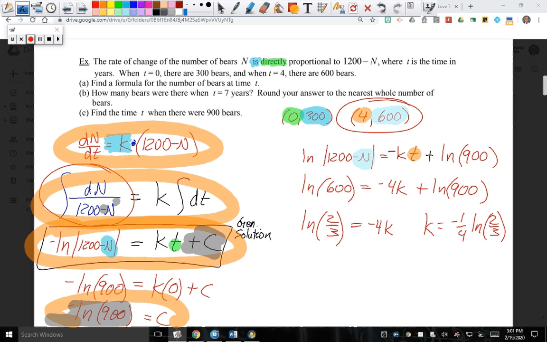Easy, right? So now let's plug in this k value up here where we have that almost particular solution. Okay, let's see what we write. It will be the natural log of the absolute value of 1200 minus n, everyone, is equal to what?